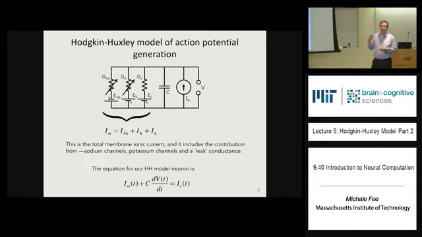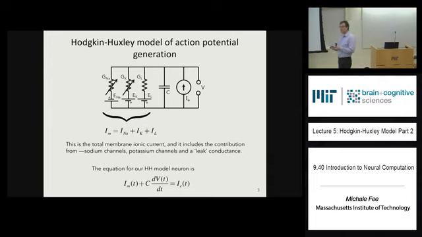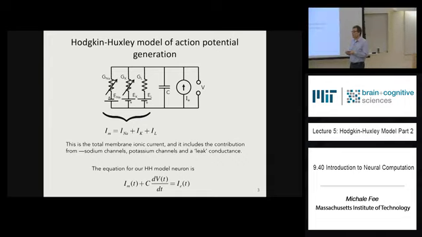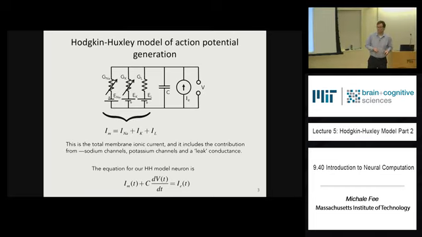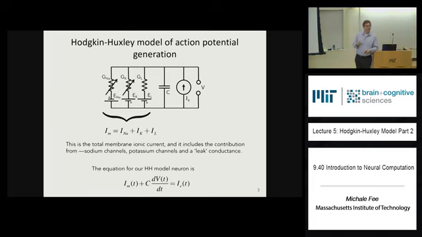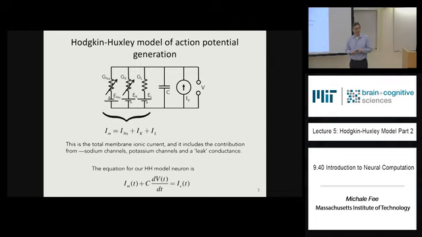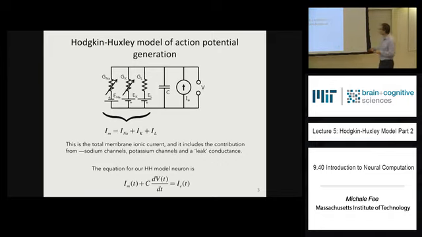And then once we do that, we're going to turn in the second half of the lecture to a really beautiful, simple model of a disease related to a defect in the sodium channel. It's an example of how we can use modeling to test and elaborate on hypotheses about how defects in a circuit or in an ion channel can lead to very complex phenotypes in a whole animal.